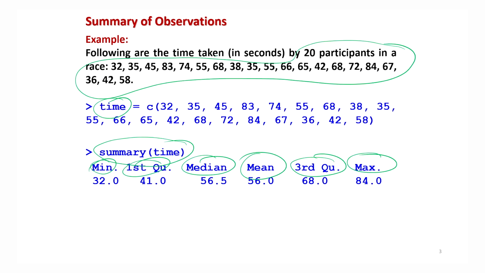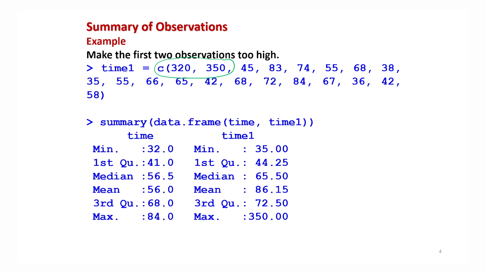In the same data set, I made these two values very high. After that, by creating a data frame of time and time1, where time is the original data set and time1 is the data set where I made the first two values very high, I computed the summary, we got this type of information, and we discussed how we are going to conclude.